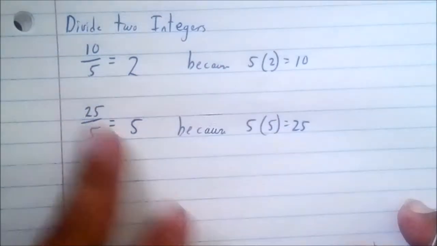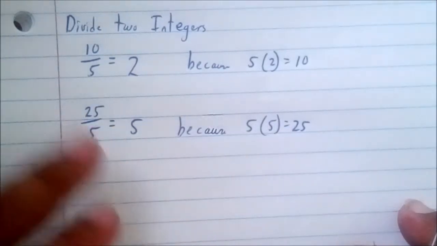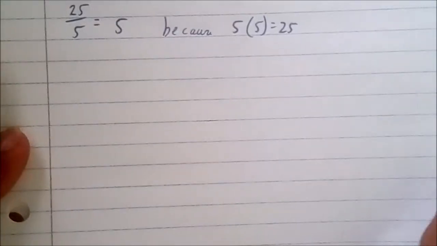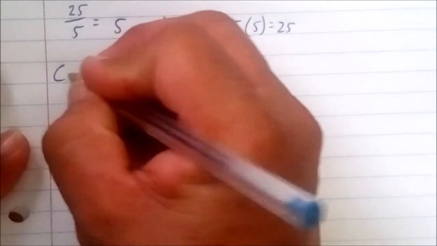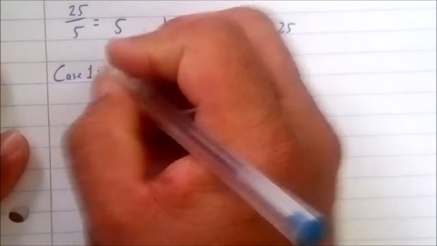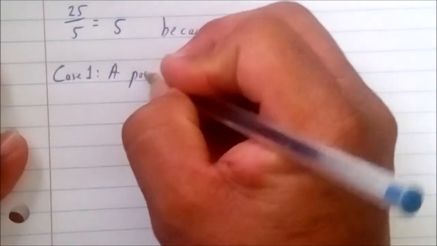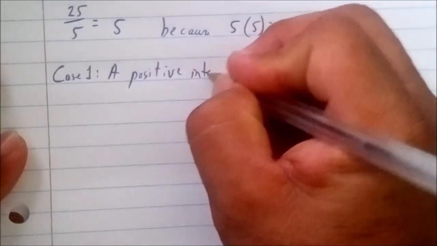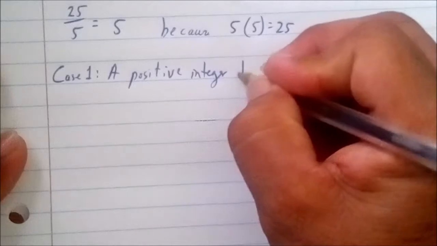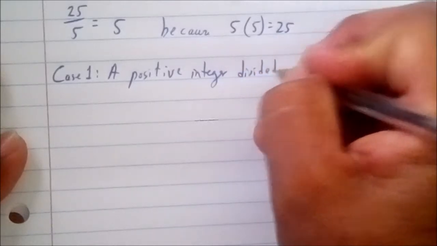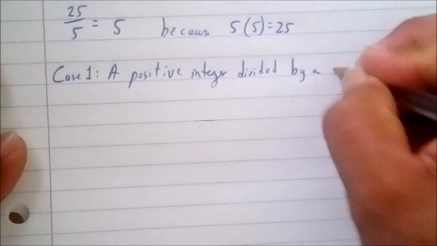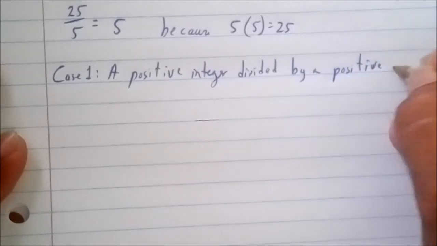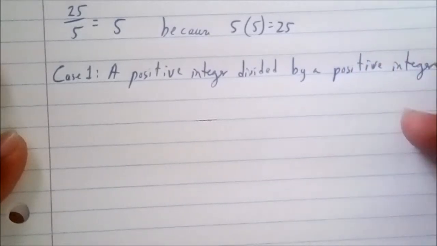Okay, these were all positive. There are 4 cases to consider. Alright, so let's look at the 4 cases which we will be considering. Case 1, a positive integer divided by a positive integer.